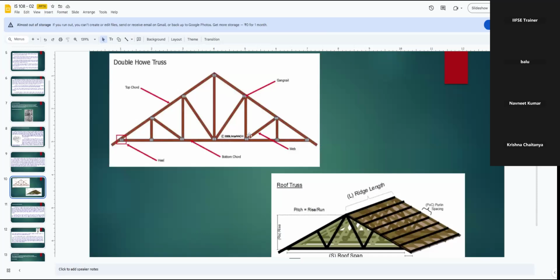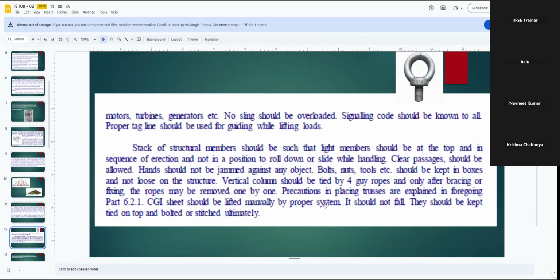Due to the weight which is on the other side, it might lift this side and it will go down. Same way, if you are attempting for multiple pieces or a bundle of pieces, there you have to see the center of gravity of the weight as well.